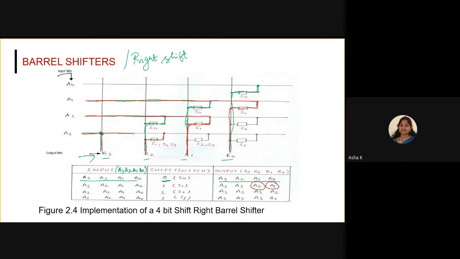Similarly, B2 output is equal to A3. And since A3 is directly connected to B3, this remains the same as it is. There is no change in this case.